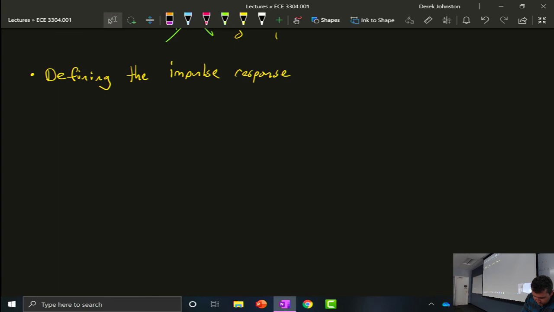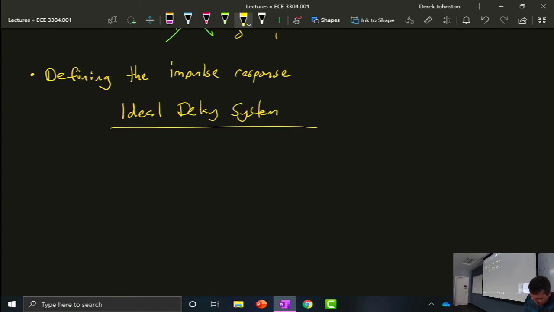Remember, a couple days ago we talked about that ideal delay system, where we said that y of n is equal to x of n minus nd, right? But now we're defining everything in terms of our impulse responses.